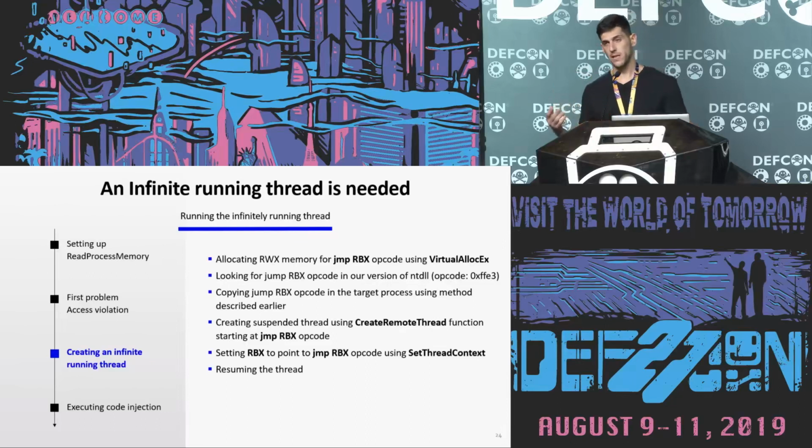Then using SetThreadContext, we are going to set RBX to point to jmp RBX, and then resume the thread. So now what's going to happen is it's going to execute, get to the jmp RBX we talked about earlier, and then jump to the jmp RBX. RBX points to the same location, so it's just going to jump over and over and over again. And that's how you make it run infinitely.